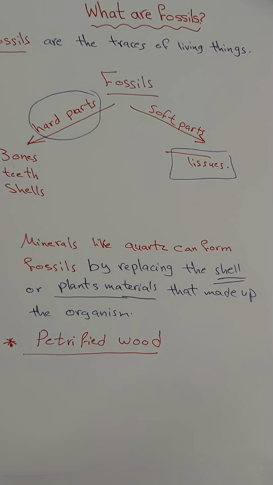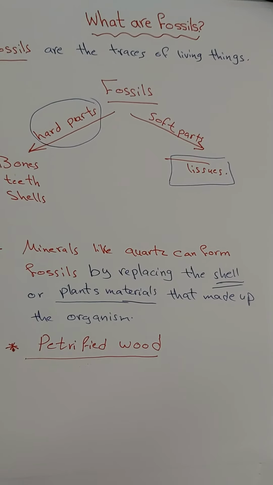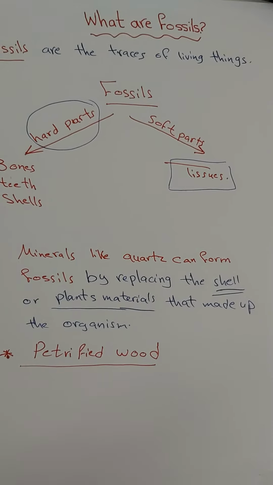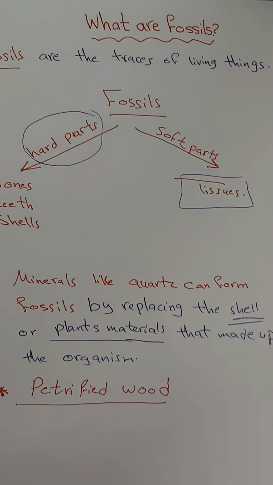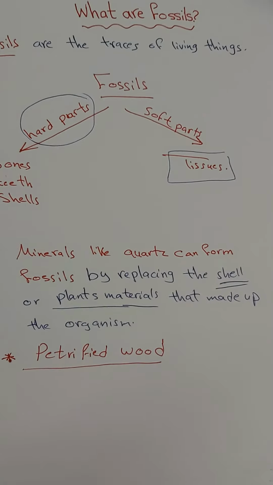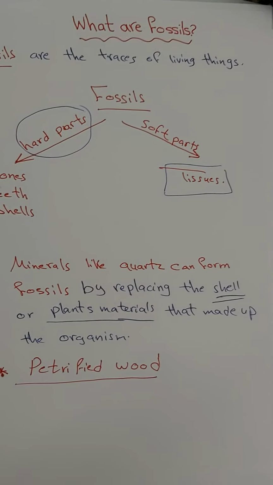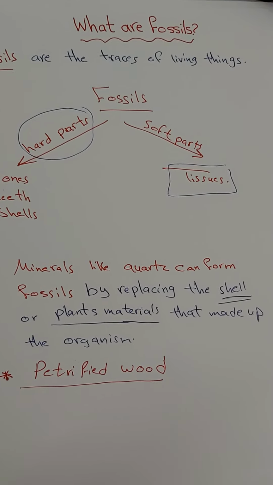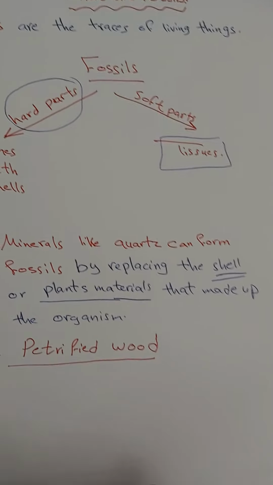So petrified wood as an example, like this wood or the tissues or the material of the plant looks like rock, or it changed to be like rock. Okay, so this is the first type, petrified wood, like quartz.